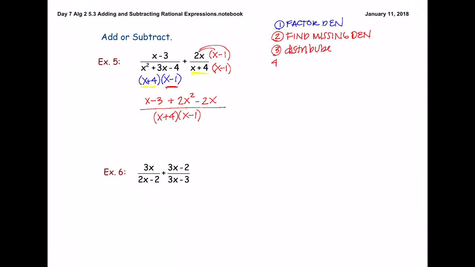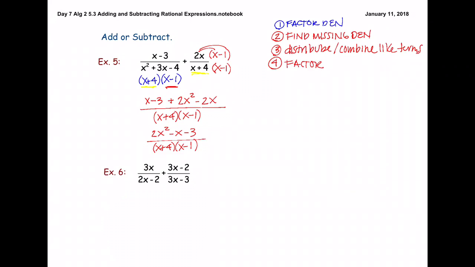Our fourth step is going to be to combine like terms, and then we're going to need to factor the numerator again. So when we combined our like terms, we get 2x squared minus x minus 3 over the quantity of x plus 4, x minus 1.